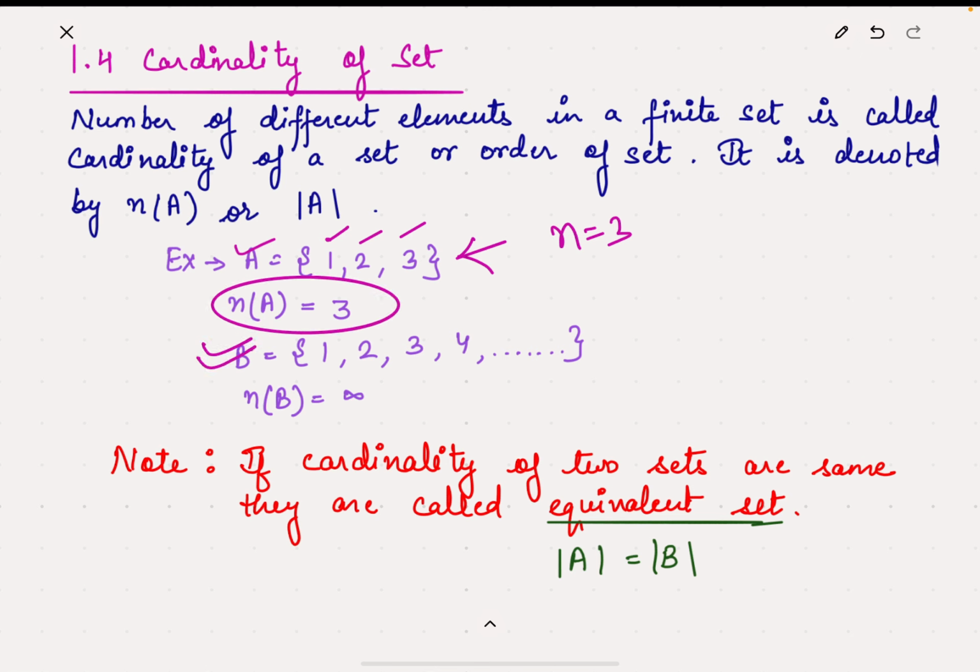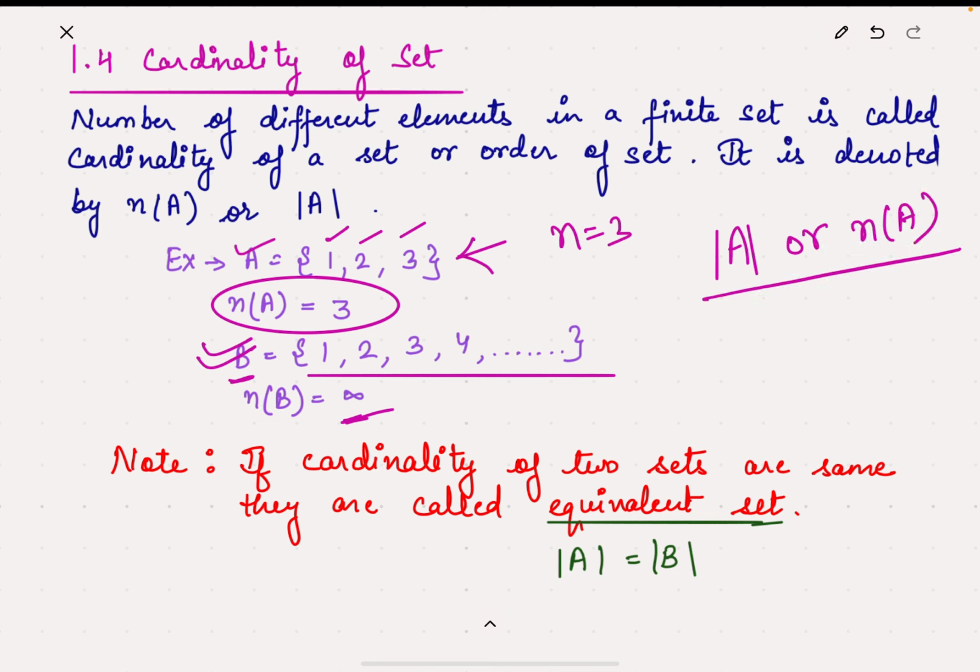In this case, the set B contains all the natural numbers up to 5, so the cardinality is 5. Cardinality can be represented using this notation or using this notation. These two notations are used to represent the cardinality.